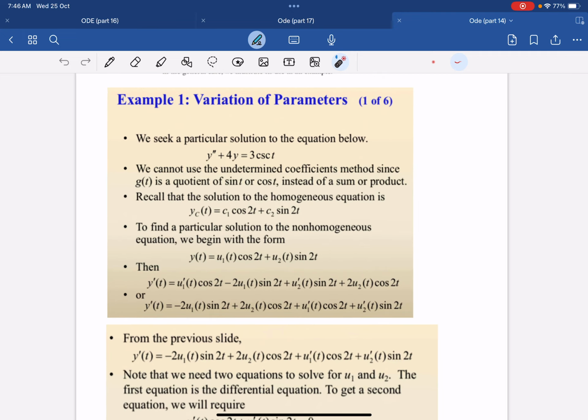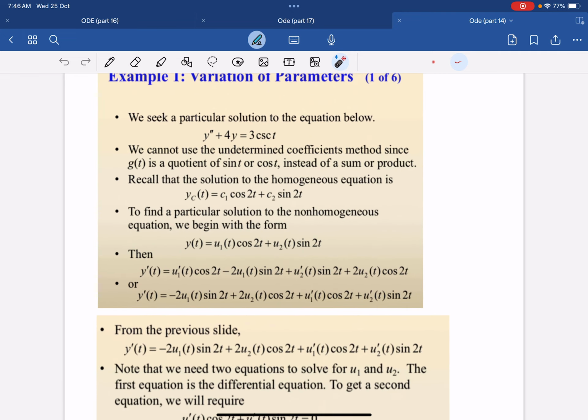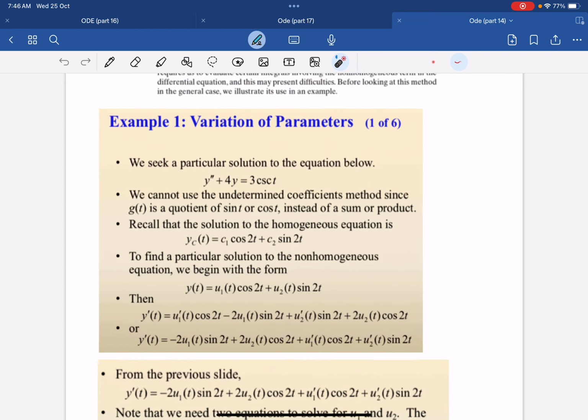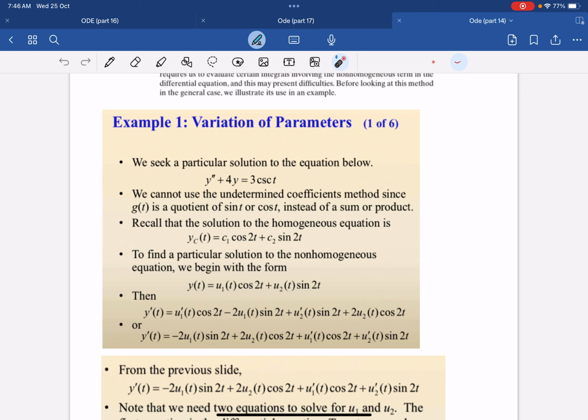It is something like in the previous few videos where we use the reduction of order to help us solve the second order ODE.